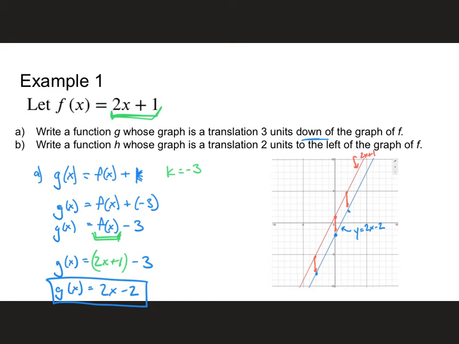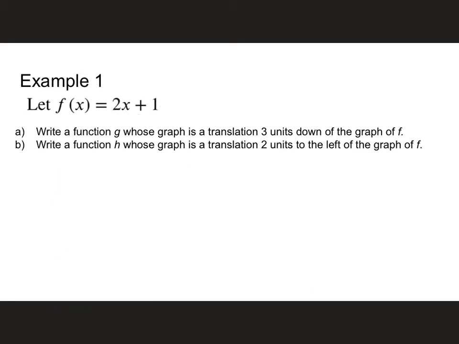Let's take a look at the second part of this problem. Part B, h of x. h of x is the graph of a translation 2 units to the left of the graph of f. So if I think about the function notation, this is left 2 units.